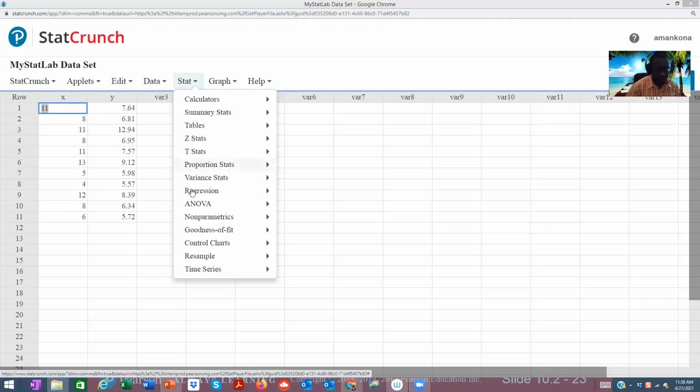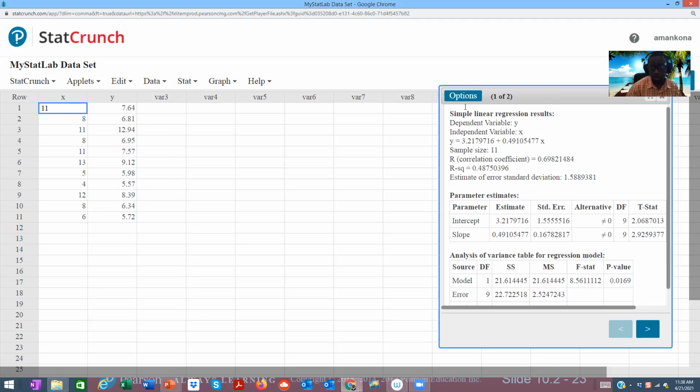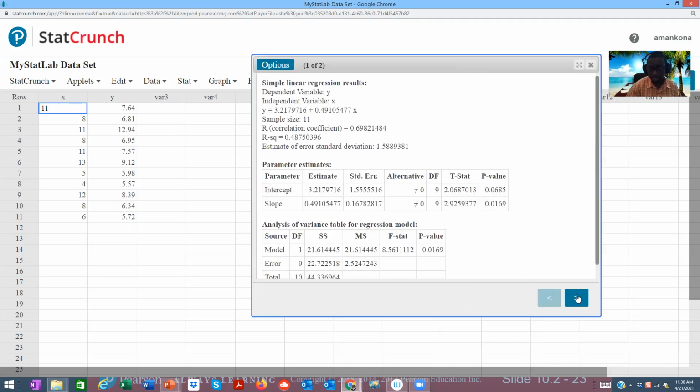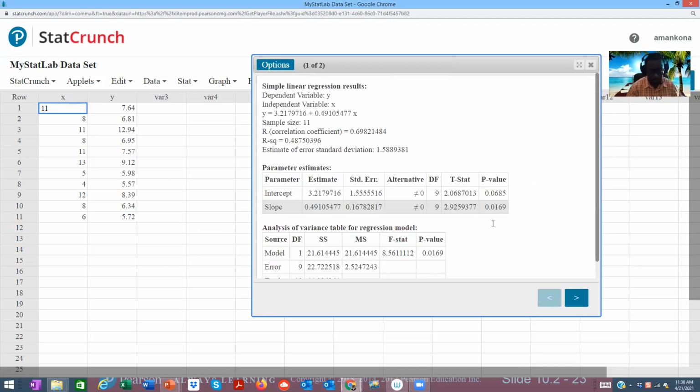Stats, regression, simple linear. X is your X, your Y is your Y, and everything else stays the same. If you are testing rho equal to 0, that is the same as the slope equals 0 in this case. This is our scatter plot. The first page has the regression line, the test statistic, and all of those.